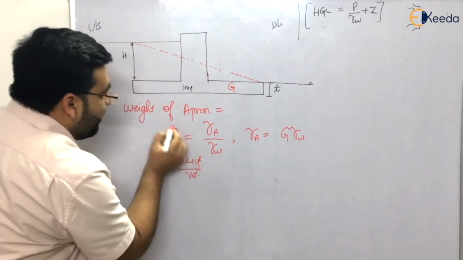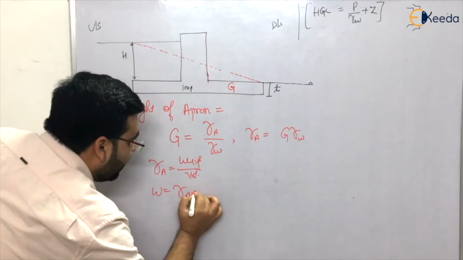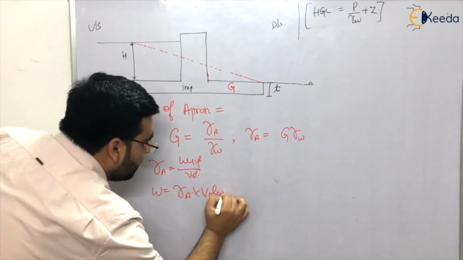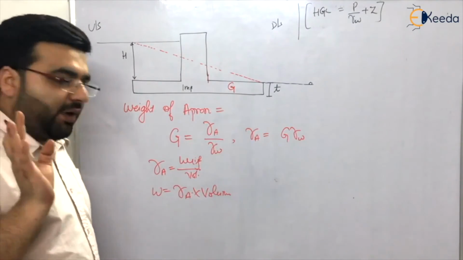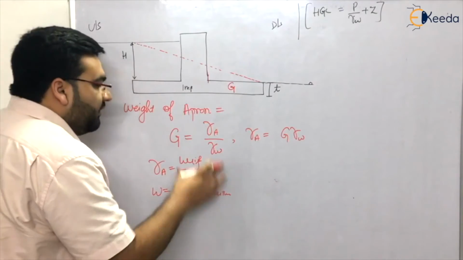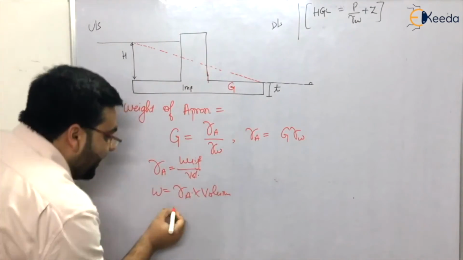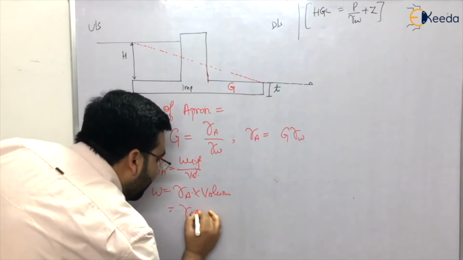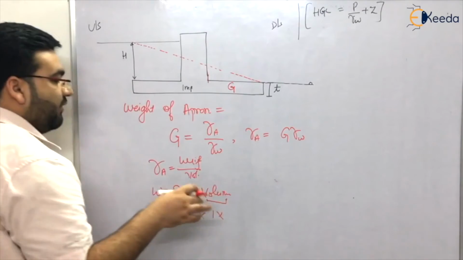So the weight of apron will be equal to gamma A into the volume of the apron. Generally we calculate the design of a weir by taking a unit square area. Then the volume will be 1 unit square, and what will be the thickness?